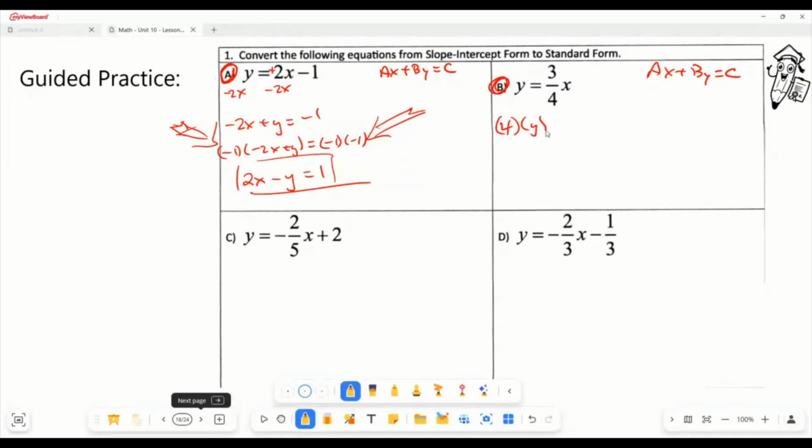Multiply both sides by the denominator. y equals, the 4s divided out, 3x. This needs to move over, so subtract 3x. Subtract 3x, we get negative 3x plus 4y equals 0. This has to be positive.